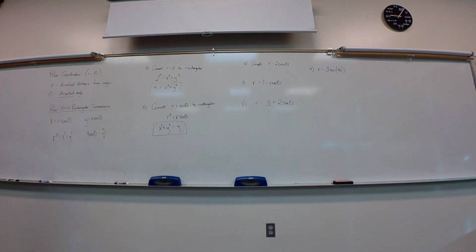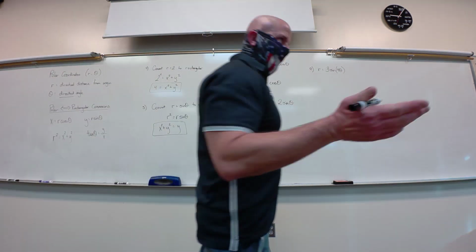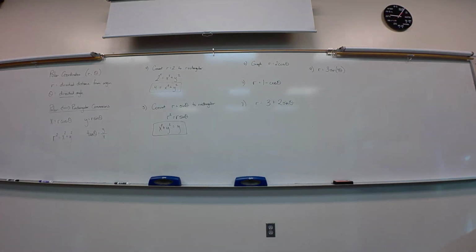It's a flower. This is what you call a rose. It looks like a flower, they just call them roses. How many petals are there? 8. There's 8 petals you see there, right? So it's called an 8-petal rose.